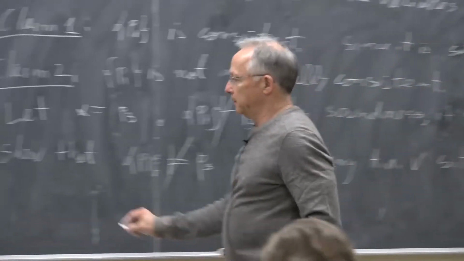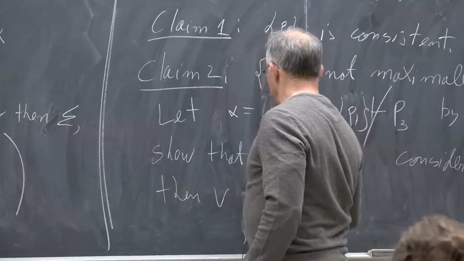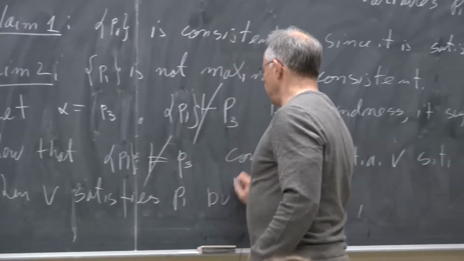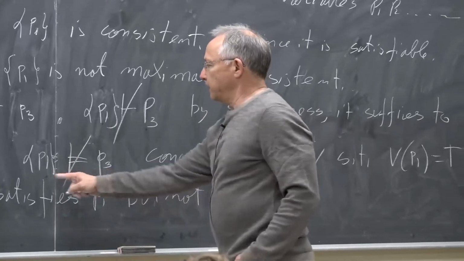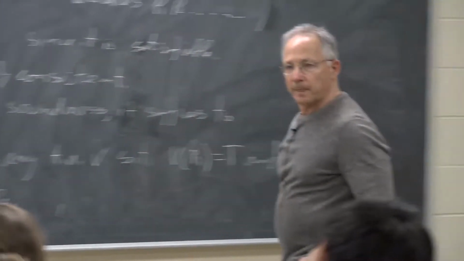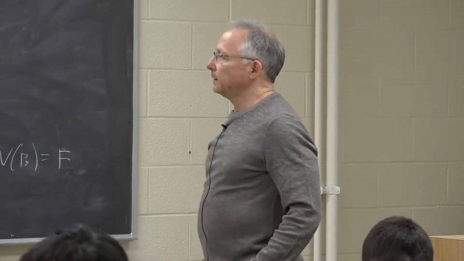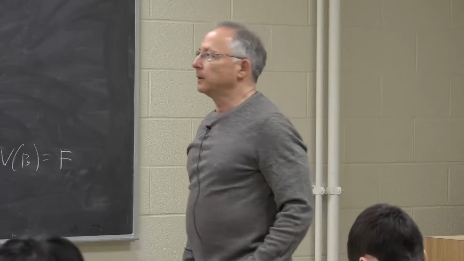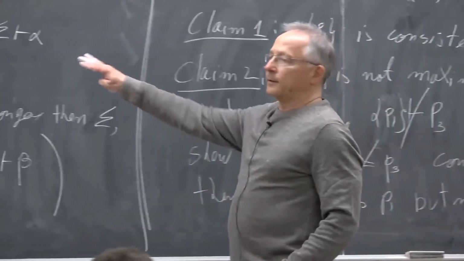Then V satisfies P1 but not P3, so there is no logical implication. Okay, so P3 is a good example of an alpha such that sigma does not prove alpha.